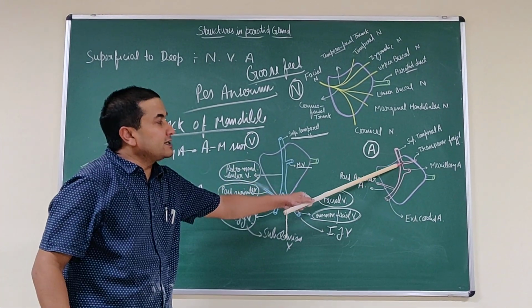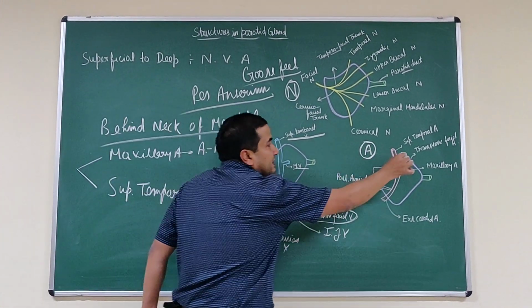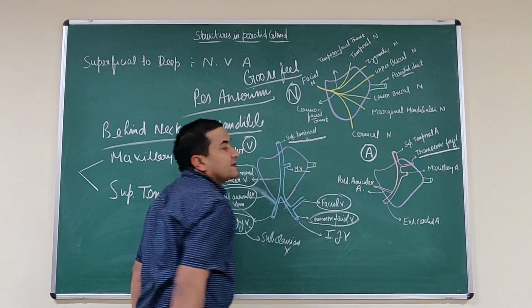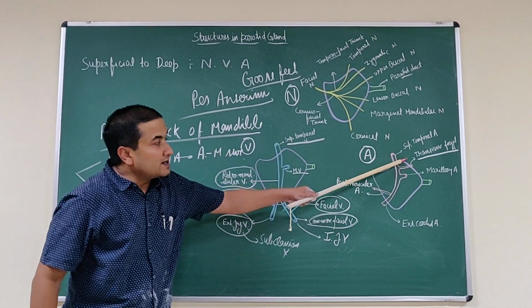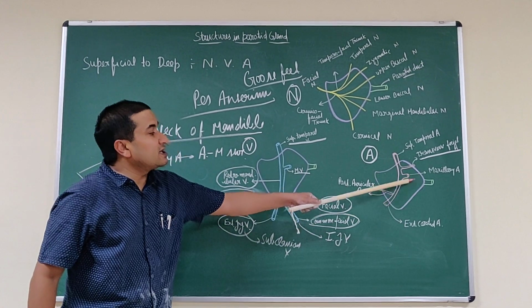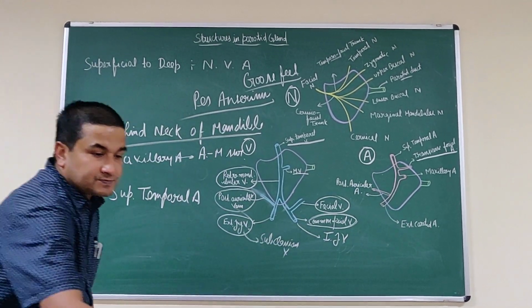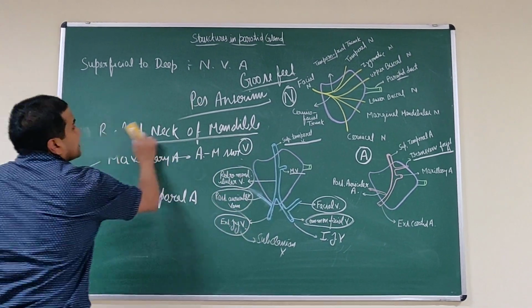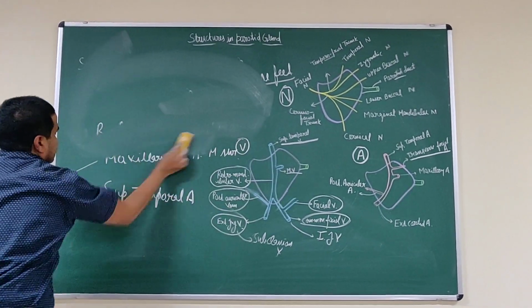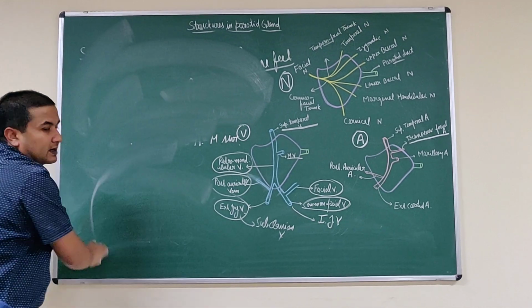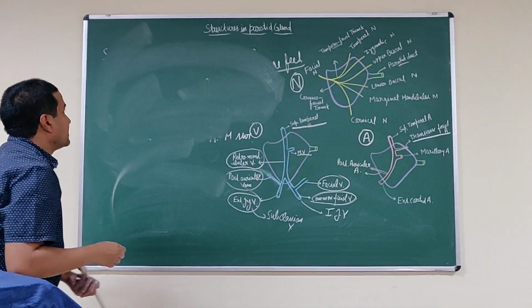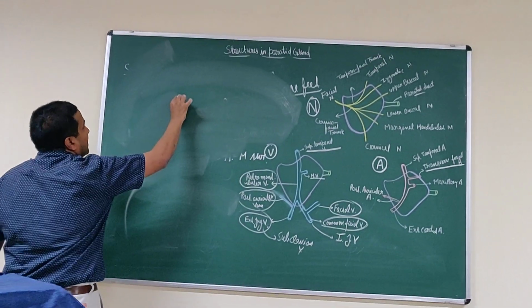This superficial temporal artery gives a branch, that is the transverse facial artery, which emerges deep to the anterior border of the parotid gland. So now this parotid gland is divided into a large superficial part and a small deep part.